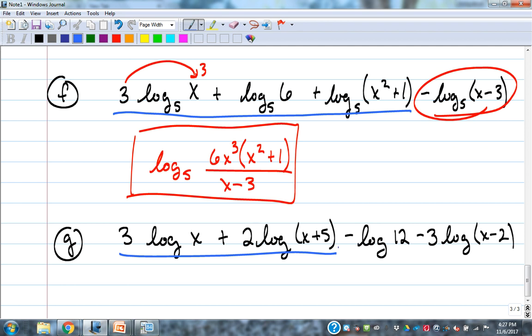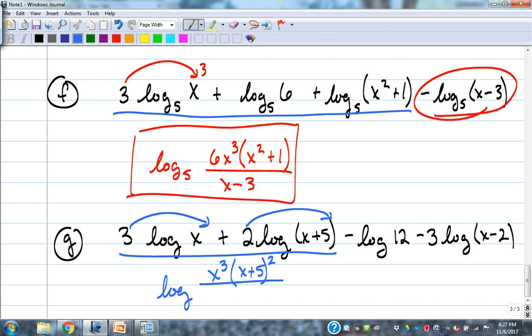So what does it turn into? x cubed and then x plus 5 squared. This 2 goes up here, this 3 goes up there. That's where we're getting that part.